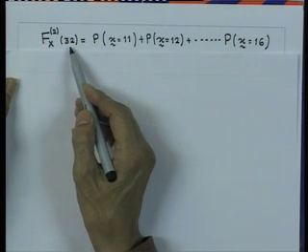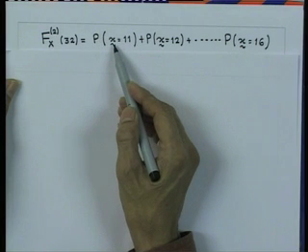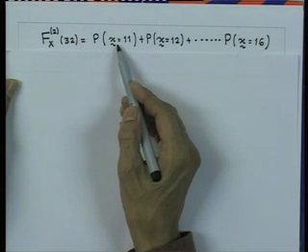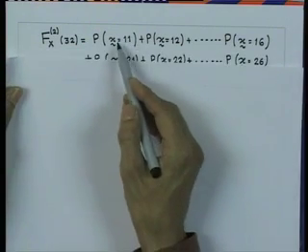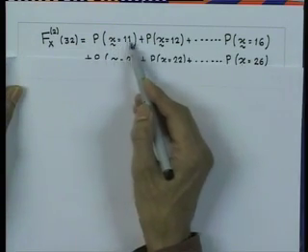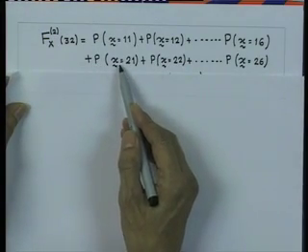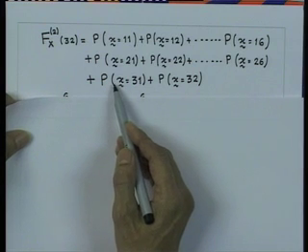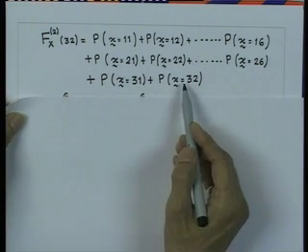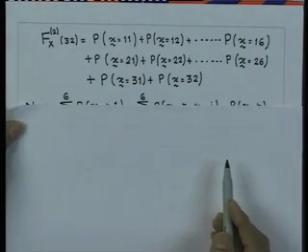Fx2(3, 2) is nothing but the probability of sequences starting from 1 1. So, the probability of sequences 1 1, 1 2, up to 1 6, plus the probability of sequences 2 1 up to 2 6, plus the probability of sequence 3 1, and then finally the probability of the sequence 3 2.